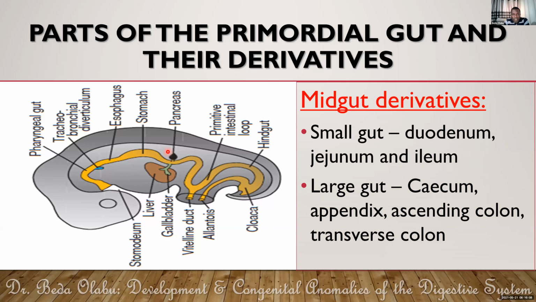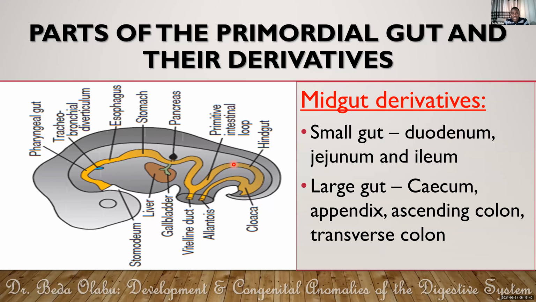So if you're to trace, perhaps D2 ends somewhere there, then maybe D3 and D4, then maybe jejunum and maybe ileum. Then we start the large gut. So perhaps cecum and appendix, ascending colon, then we start the transverse colon.